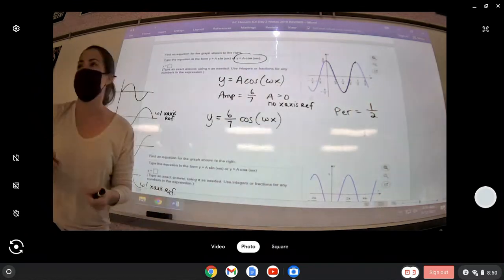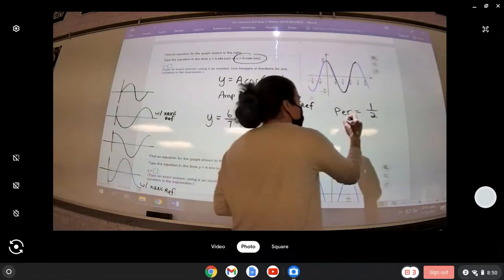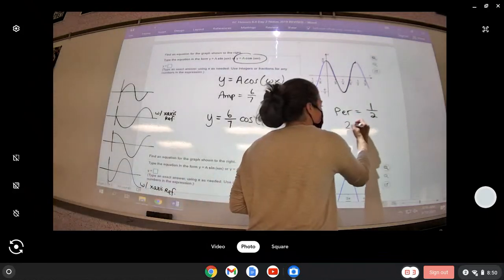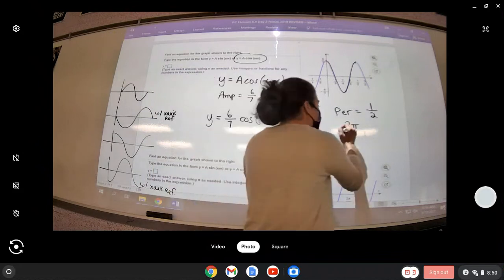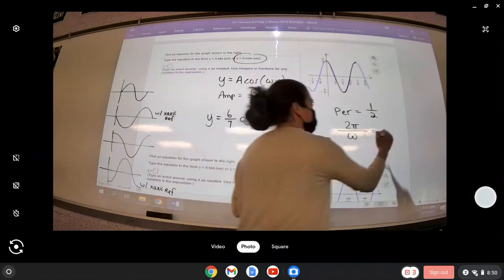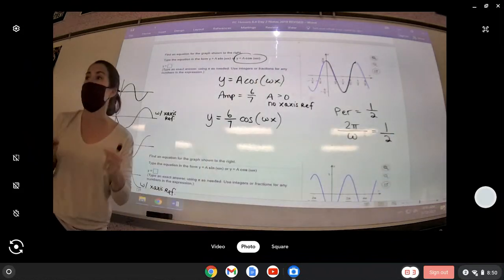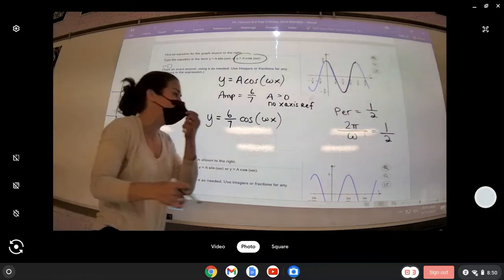Well, what did omega have to be to make your new period end up as 1/2? So think about it. We would have taken the period 2 pi, divided it by omega, and then that would have ended up equaling 1/2. So now we're going to cross multiply and solve this for omega to see what was in our equation.